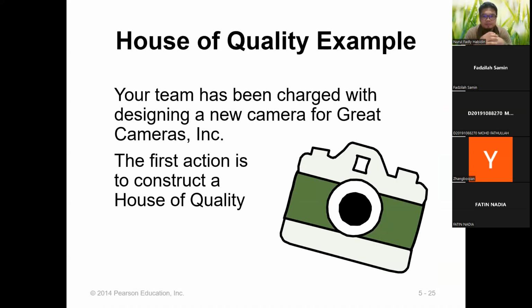So your team has been charged with designing a new camera, the great camera. The first action is to construct a house of quality. Yes, like when we want to take a picture. If you want to take a picture, you need to organize to make sure to be centered. So you need to arrange which people should be in the middle, which people sit in the front, should stand in the behind.